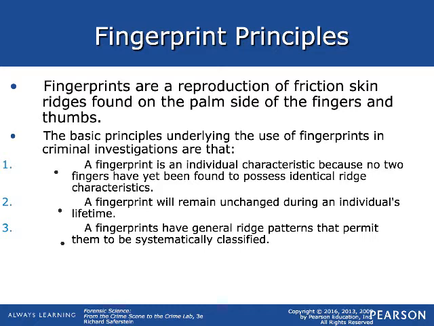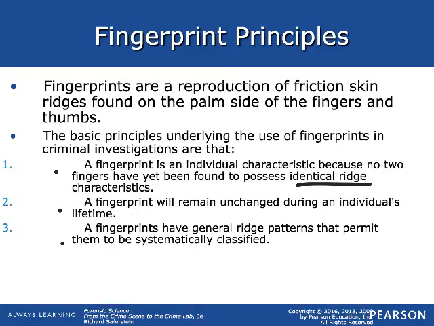Okay, so there are three basic principles that underlie the use of fingerprints. The idea is no two fingers have been found to possess identical ridge characteristics. So no two fingers have the same friction ridges of all the fingers that they've looked at. So that's an individual characteristic.